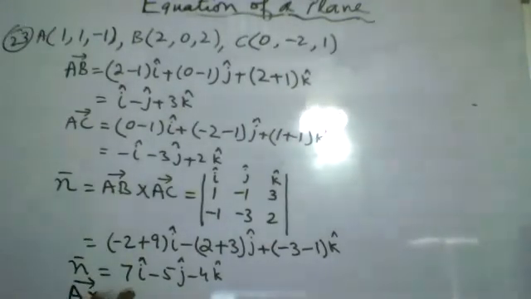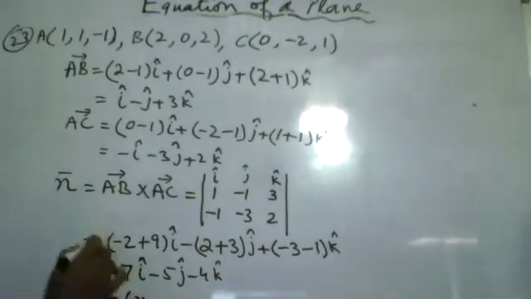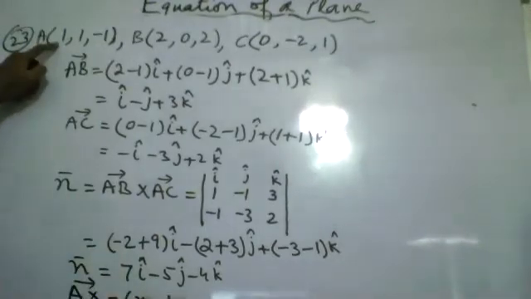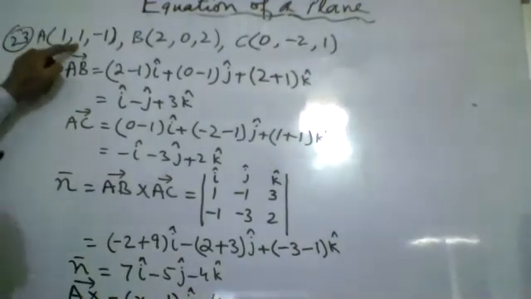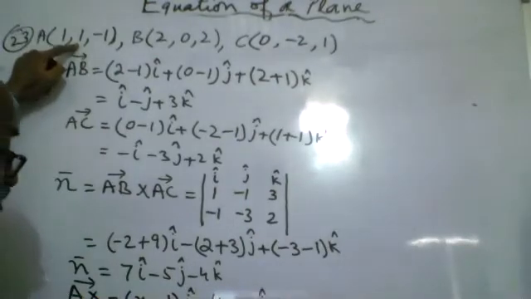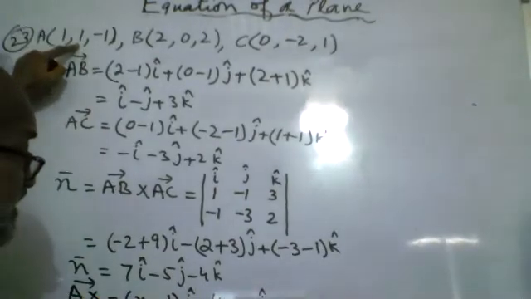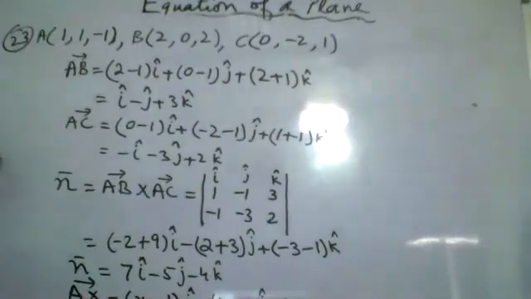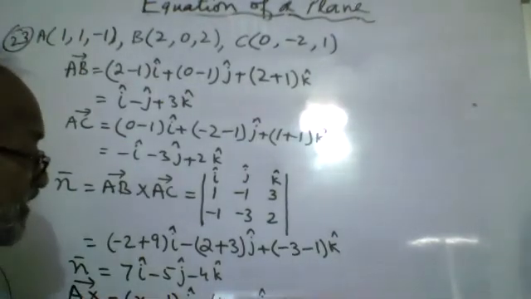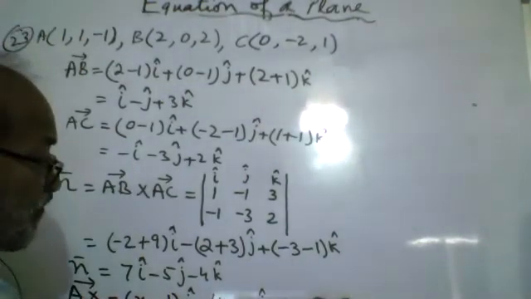AX will be equal to X minus 1 I, plus Y minus 1 J, plus Z minus minus 1, it will become plus 1, K.